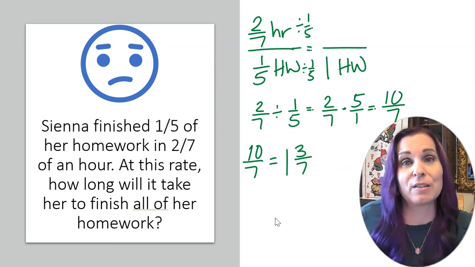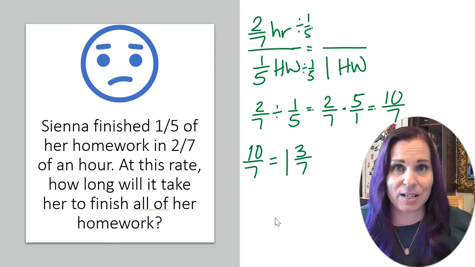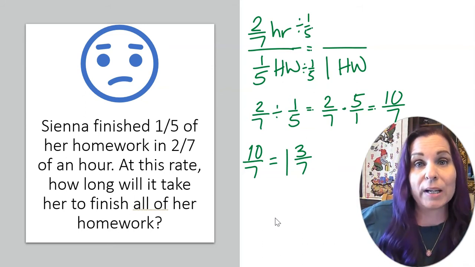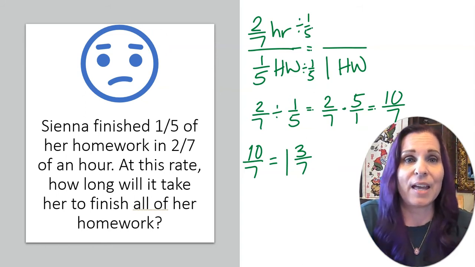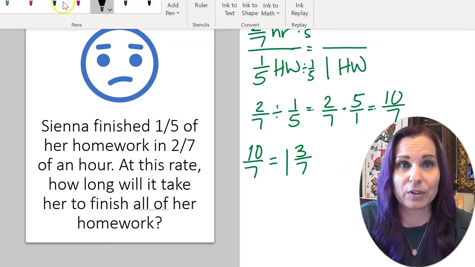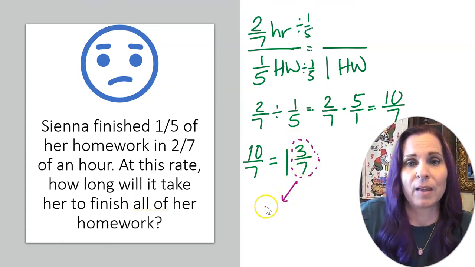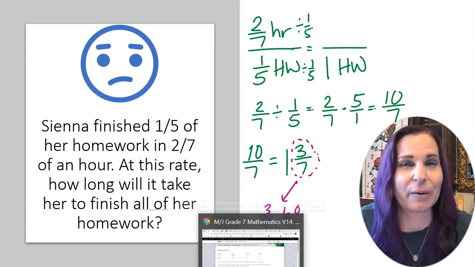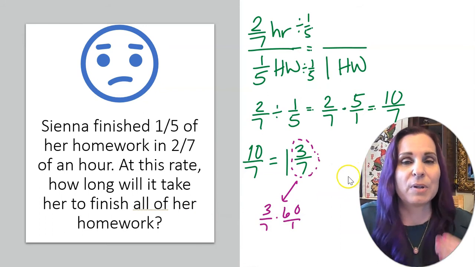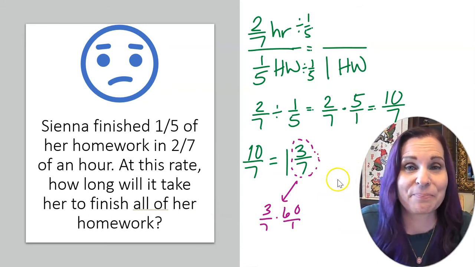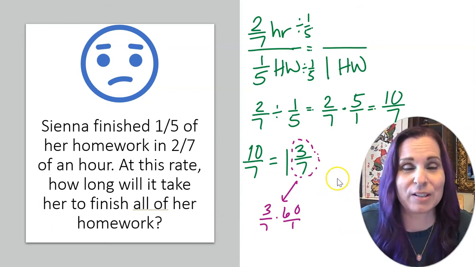Now, if you wanted to convert it into hours and minutes, this would be 1 hour. And then to get the minutes part of your answer, you would take this fractional part and multiply it by 60 minutes to figure out how many minutes 3/7 of an hour would be. Okay, so lots of different ways you can leave the answer here.